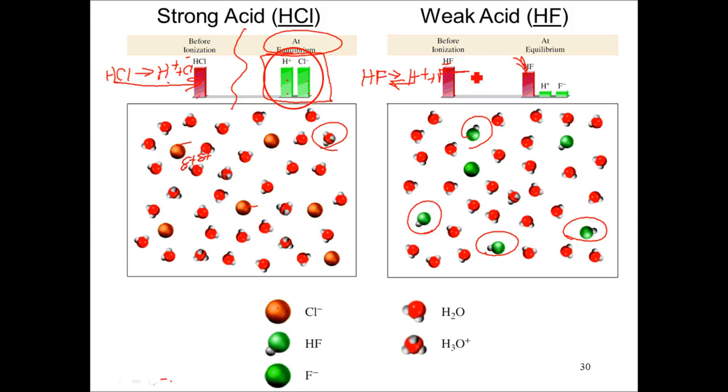You lost some HF, some that went into forming the hydrogen ions, which again would go with the water to form hydronium, and a very few of your fluoride ions. There's the fluoride ion. So at equilibrium you have to take into consideration the concentration of your reactant and of your products in your equilibrium expression when you have a weak acid or base.